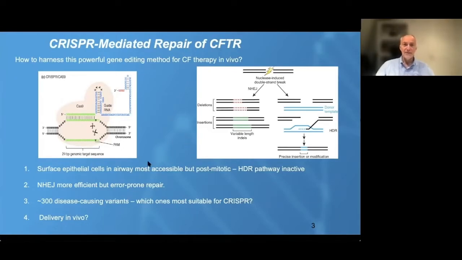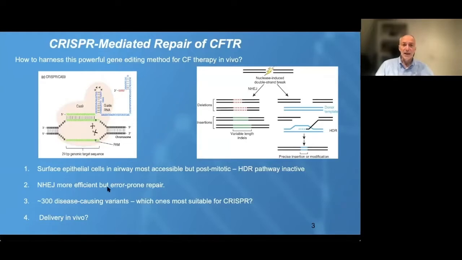So in CF, the target cells that we're considering are in the lung, and by methods of inhalation, the cells that would be most readily accessed are the surface epithelial cells. But these cells are post-mitotic and they cannot undergo the homology-directed repair pathway.